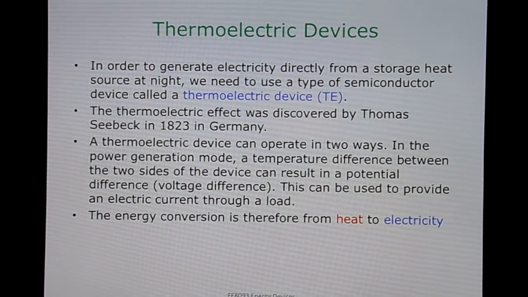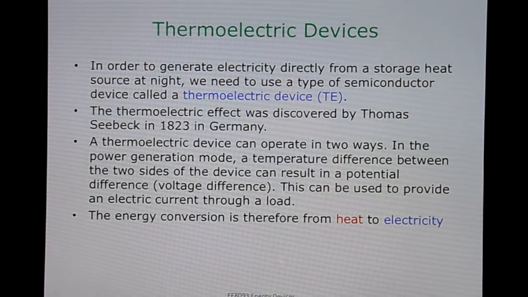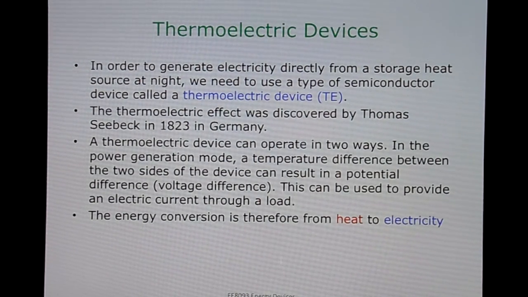Now, a thermoelectric device can operate in two ways or two modes. In this course, we are interested in the power generation mode. In the power generation mode, we have a temperature difference between the two sides of the TE device.